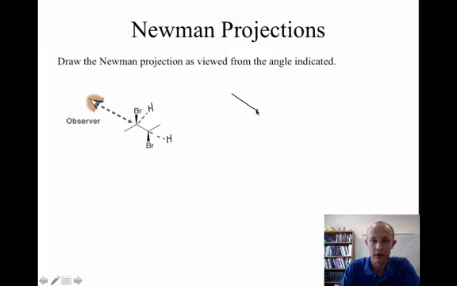So it's going to be an upside down Y. If I'm looking down this bond, the bromine is going to be on my right hand side at the top, and the hydrogen is going to be on my left hand side at the top, and a methyl group, a CH3, is going to be pointed down right here. So this carbon right here is going to be this one right here. The back carbon is this one, which we're going to draw as a circle.